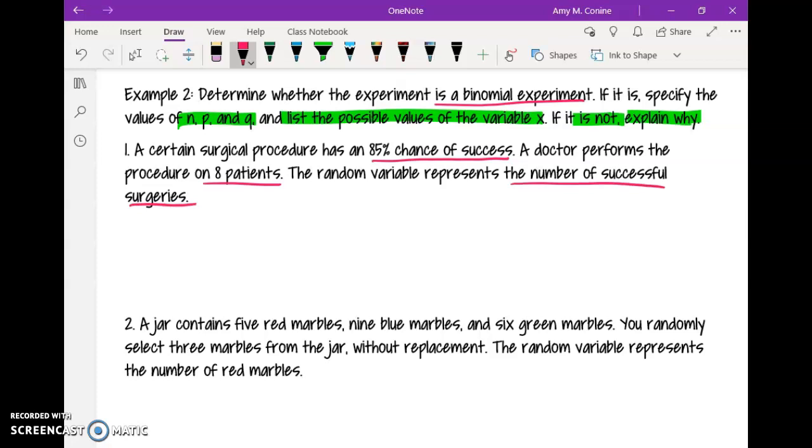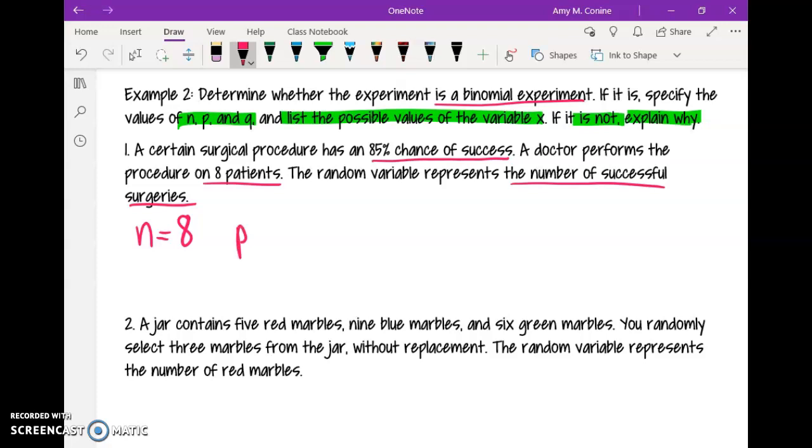So if we're looking at this, we need to ask ourselves, does it require all 4 conditions of the binomial experiment to do this problem? And this one does. You have trials, which is your N. So N here is going to be the number of patients. That's your trials. Okay, he does it on 8 patients, which is your N value.